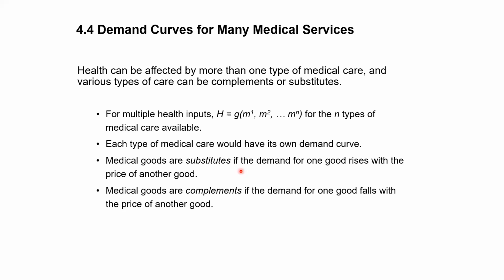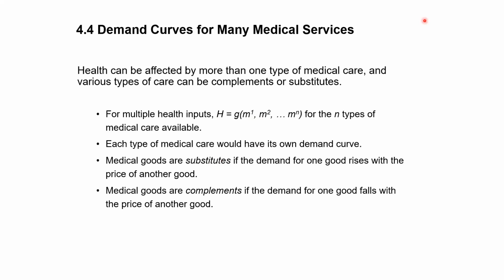So for multiple health inputs, the measure for health in general would be a function measured by combining all of the demand for different types of medical services for the several types of illnesses that are available in that particular market. So each type of medical care would have its own demand curve.